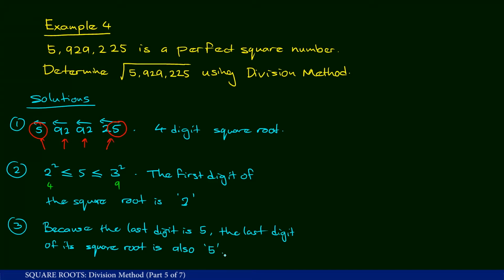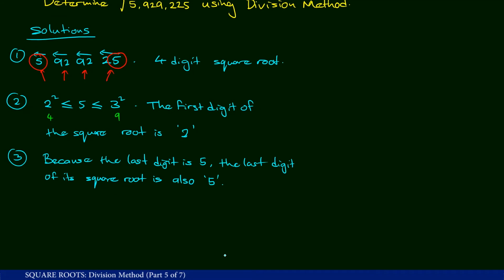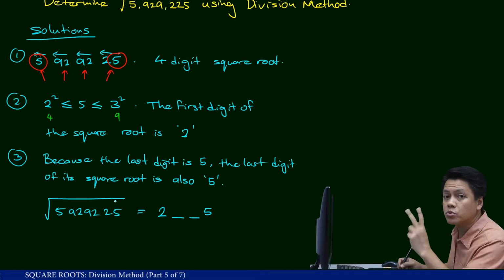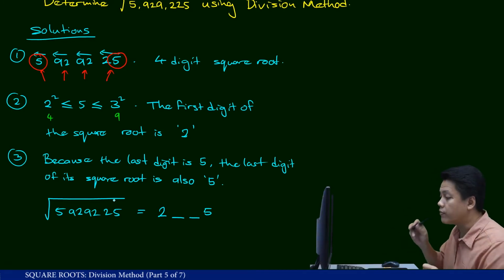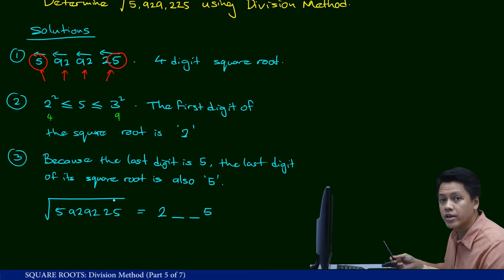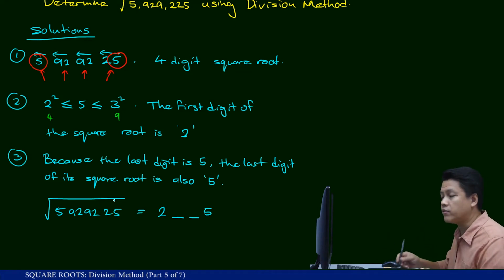That means the square root of this number is going to be a 4-digit number that starts with 2, then a 2-digit number, and ends with 5. So it is only the middle 2 digits that we need to find out, because the first and the last digit are known already. So let's do our division method.